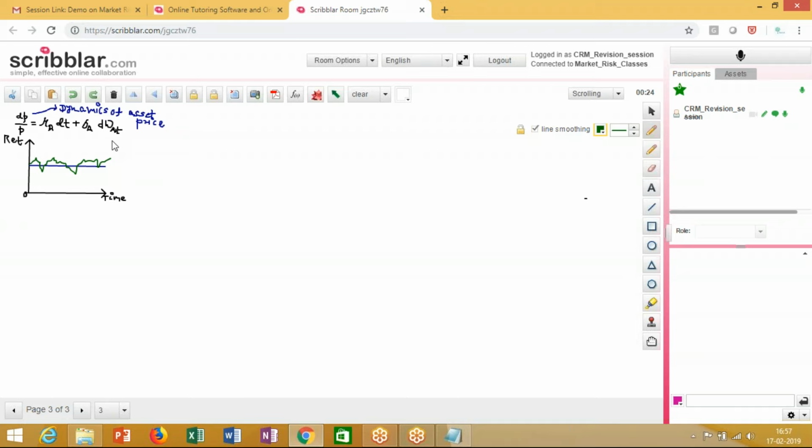That is where the role of this dt comes in. We know that for sufficiently large volume of changes, we use the delta.